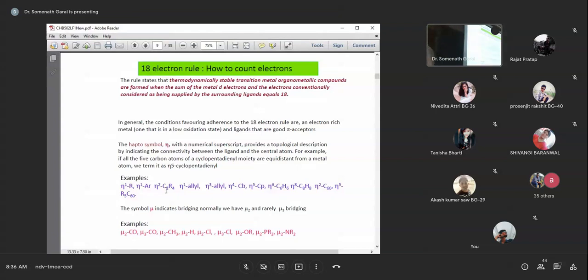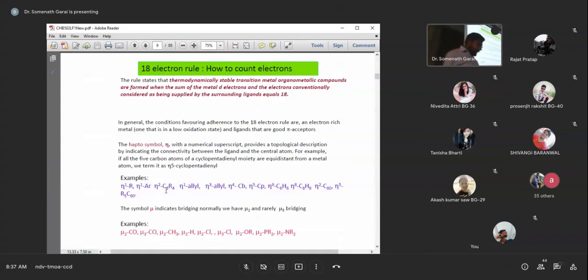How many electrons? 6. So 6 means it is aromatic or anti-aromatic? Aromatic, right? So it will attain aromaticity. Because of that, instead of the charge being localized, it will be delocalized. Fine. This is the cyclopentadienyl ligand.